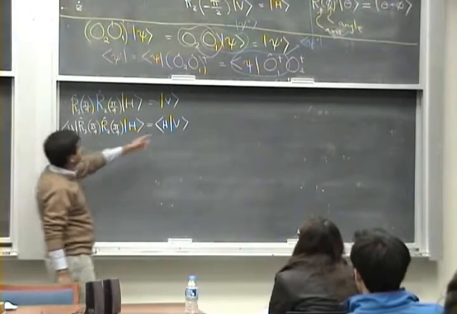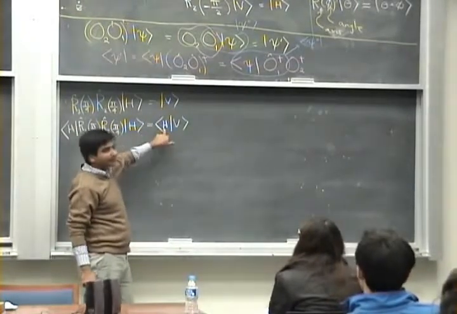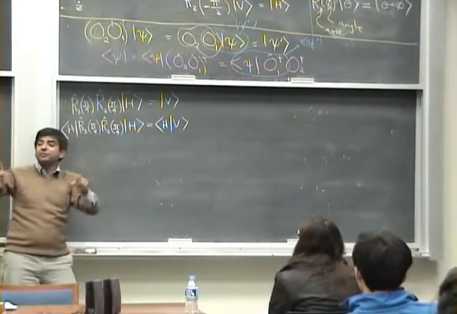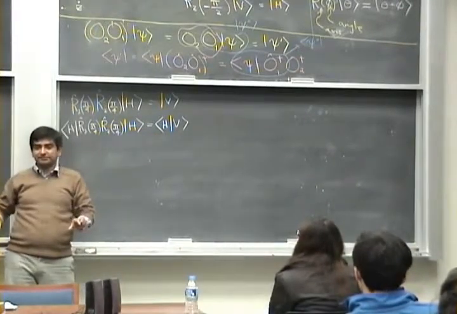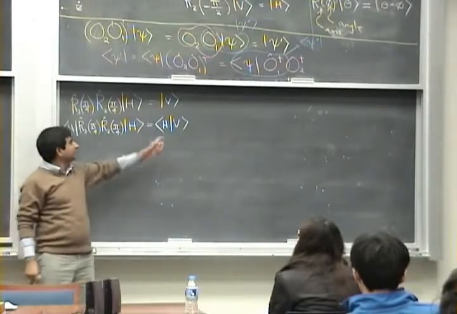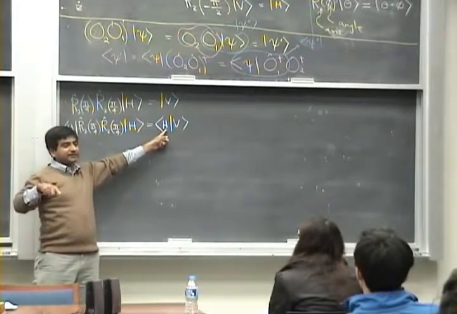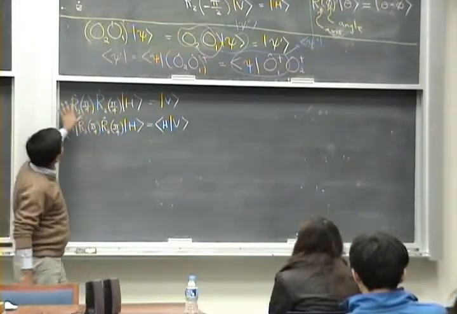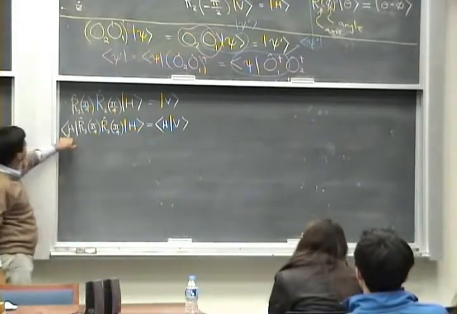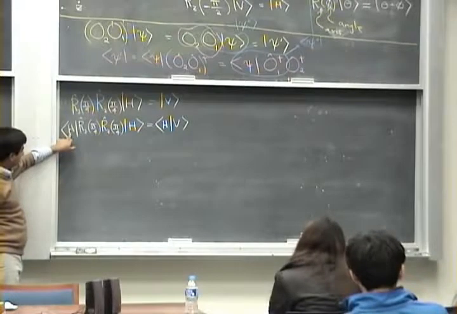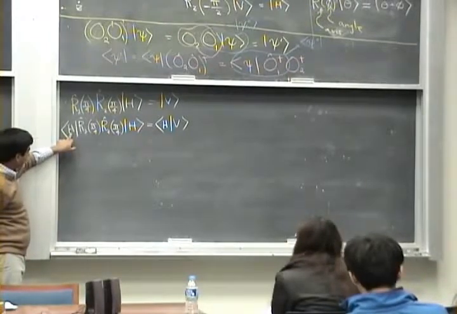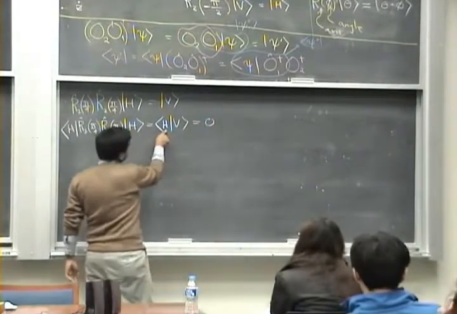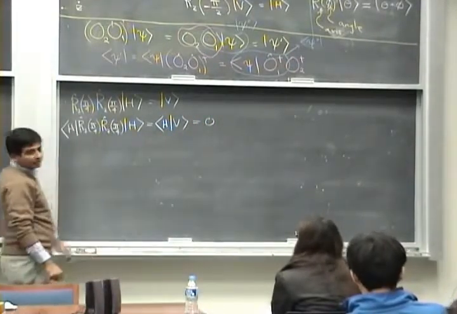Okay, so I have taken the inner product of the right hand side with ket H. I always say inner product between two kets, but one of the kets is represented as in the dual space. So this is an inner product. I take the inner product of the left hand side with ket H. The result has to be 0 because the horizontal and the vertical states are orthogonal.